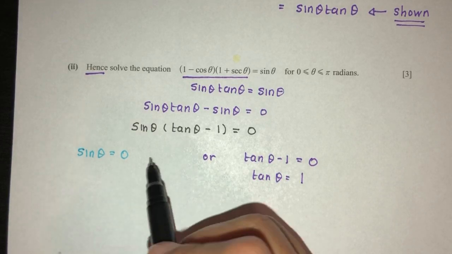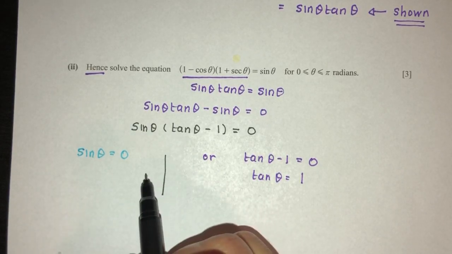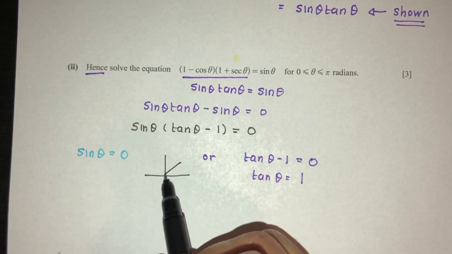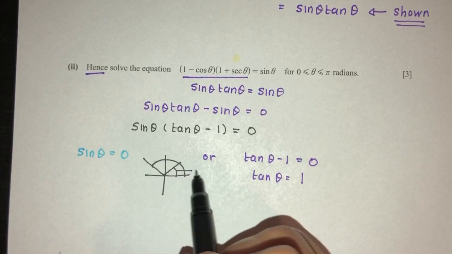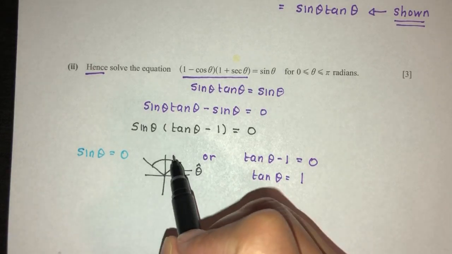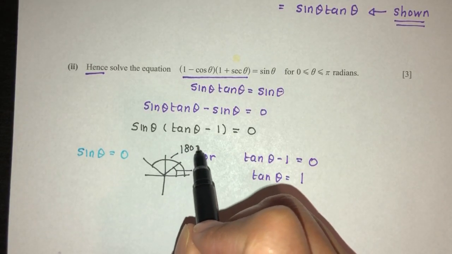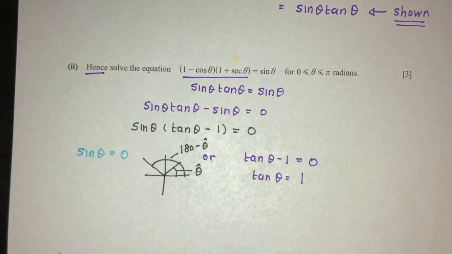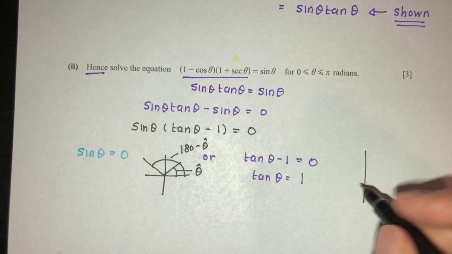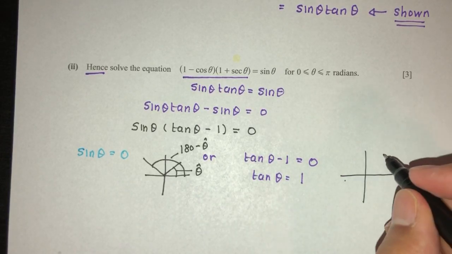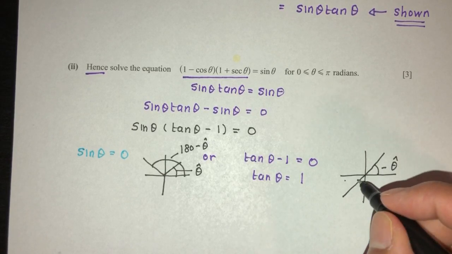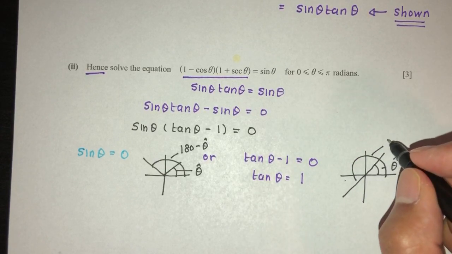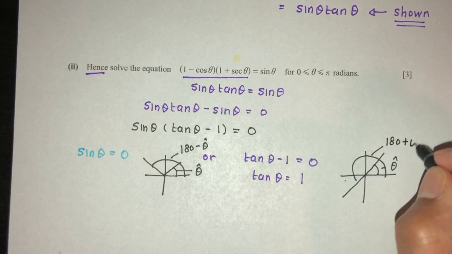Now as you know, if sine is positive, the values will be in the first quadrant and in the second quadrant. First is the value of theta. Let's call this theta hat, and this one is 180 minus theta hat. When tan is positive, it will be in your first quadrant, theta hat, and your third quadrant, which is 180 plus theta hat.